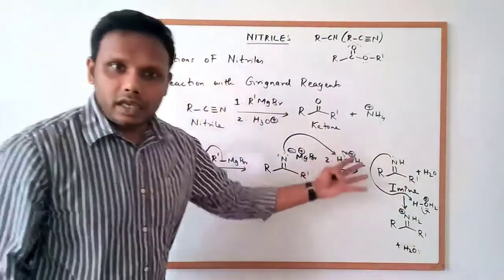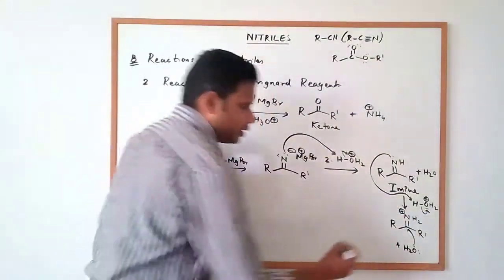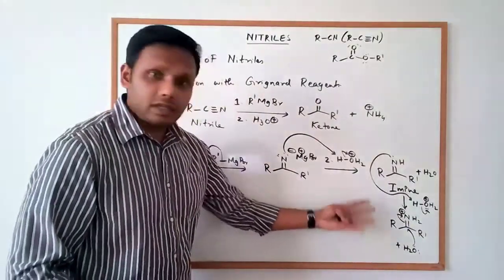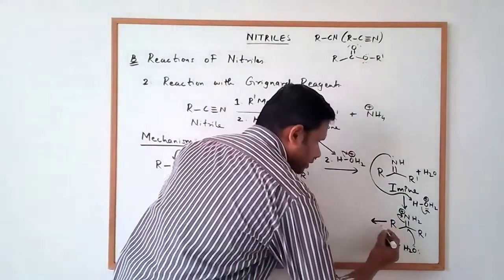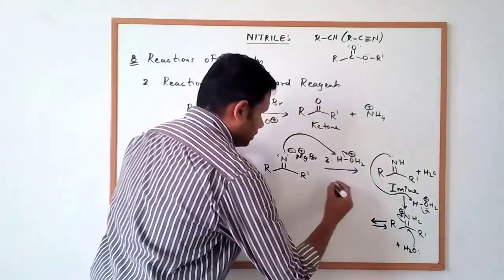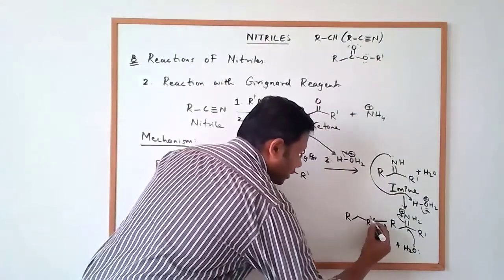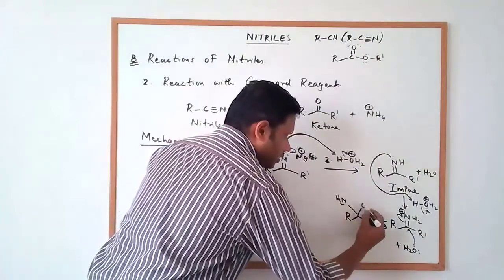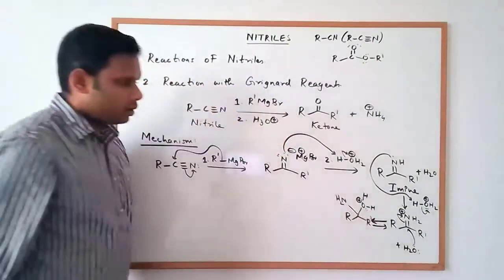And since this is aqueous acid, under these conditions, the water molecule can go and attack this carbon. Now, we've seen this mechanism before, which is the hydrolysis of an imine to the carbonyl compound. So the water goes and attacks that iminium ion, and we are going to get R, C, R prime, we'll have NH2, and we'll have OH with a positive charge and one lone pair on it.